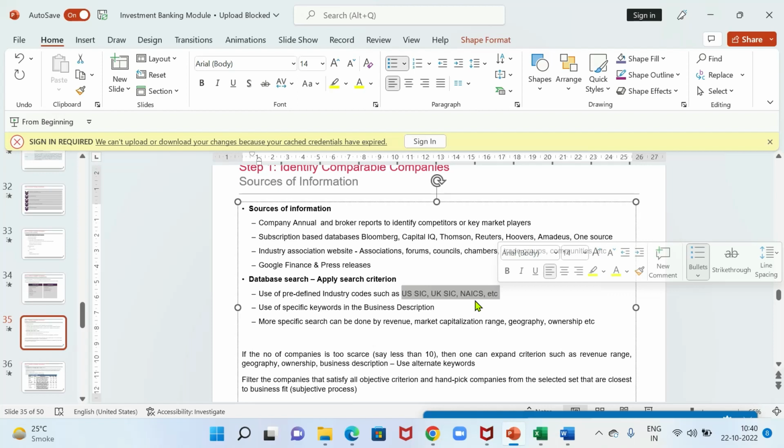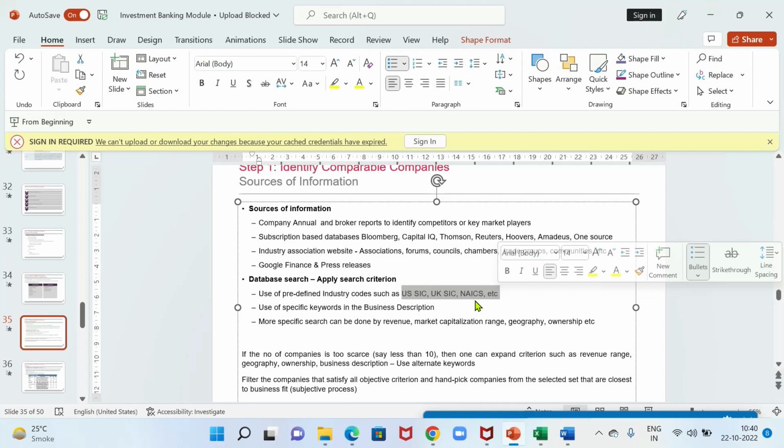Any listed player. That was the first listed player in India. So now you have to relax your geographical criteria. You might go for similar geographies like India, a democracy, like you see, EIC, economy, industry, company.